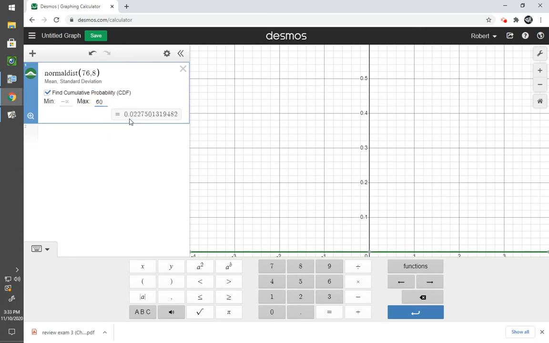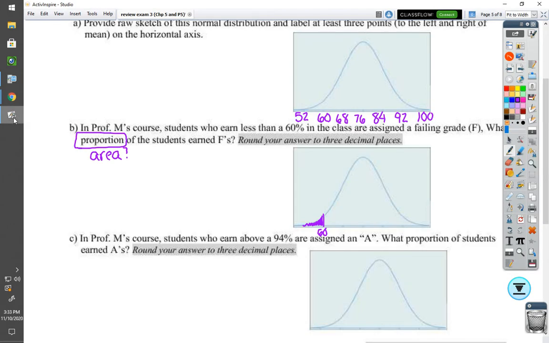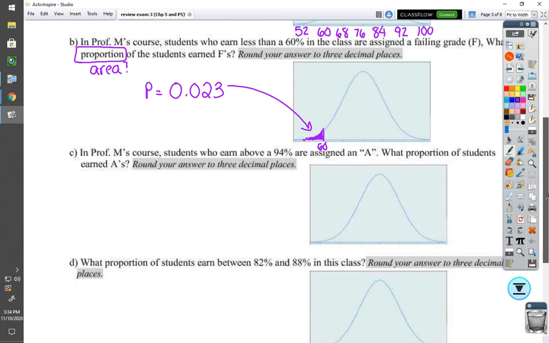Notice I get the same 0.023. So the solution for this is 0.023. That is the area right here, about 2.3%.